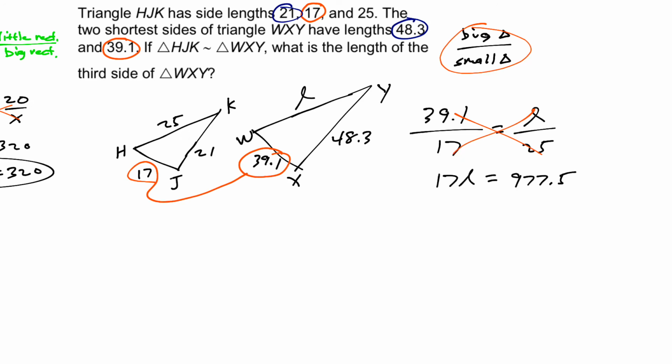And then we'll just divide both sides by 17. And we get L equals 57.5. So I'll write 57.5. All right, that's also equal to the third side in the large triangle, which would be the length of segment WY. So we could write that there also.